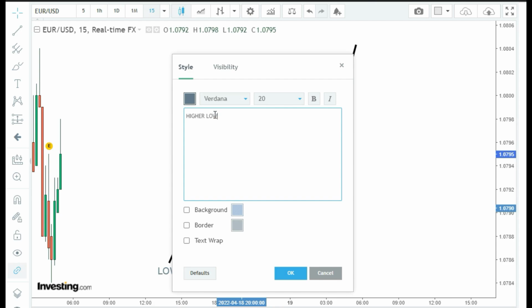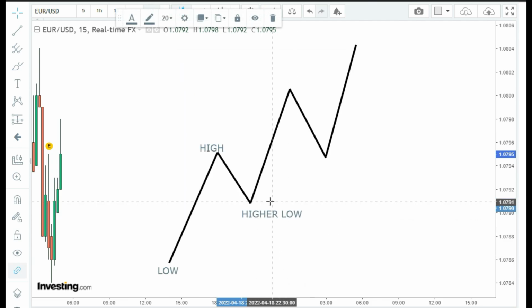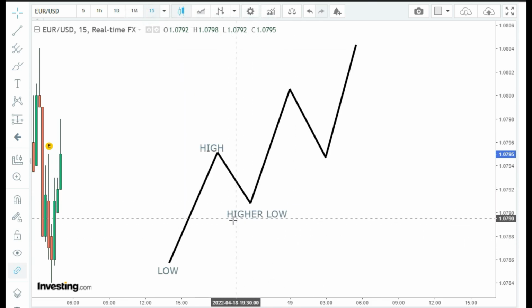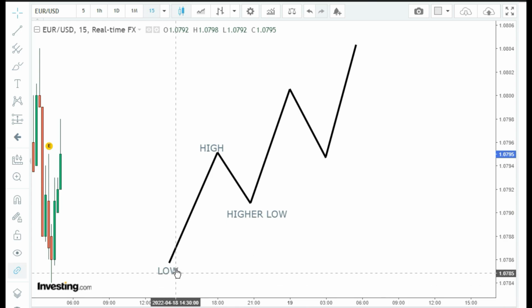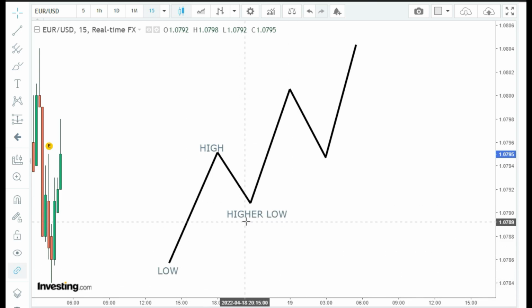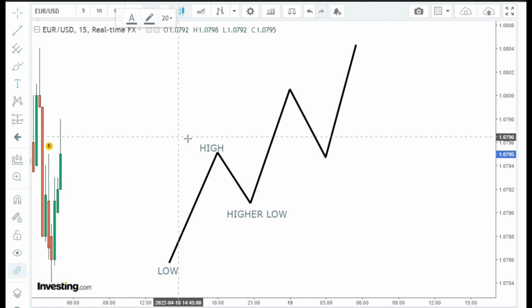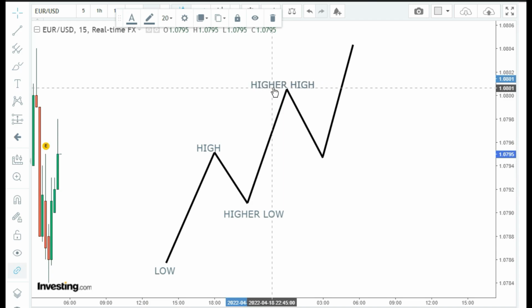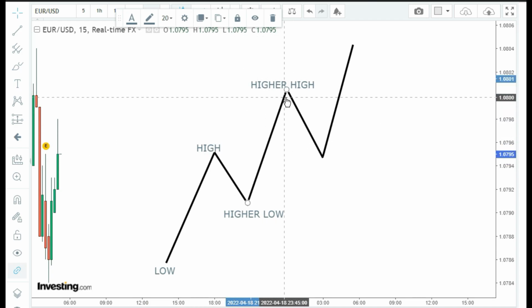This is the higher low, because this level is higher than the previous low, and that's why this is called a higher low. At the next stop, the market created another high point which is higher than the previous high, and that's why we call this a higher high.